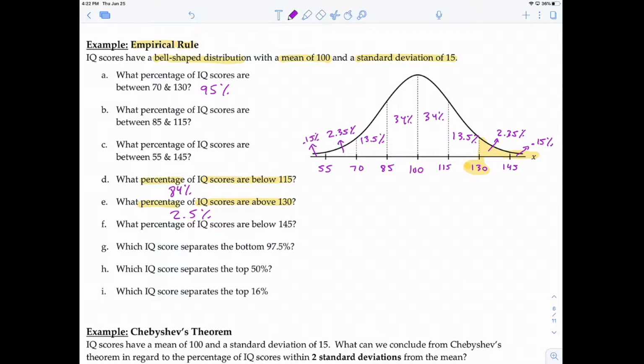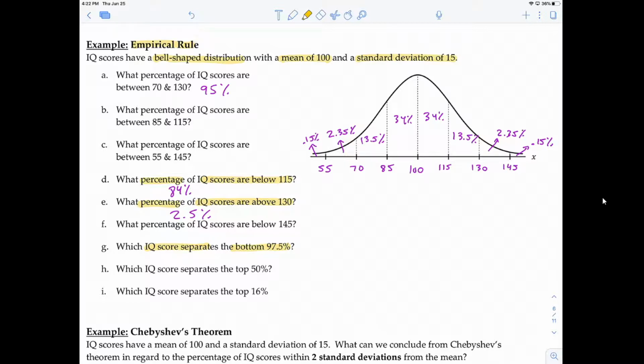Okay, the next one, which IQ score separates the bottom 97.5%? So the bottom percentages are those on the left, right? These are the bottom percentages. And the bottom 97.5% would be the following.